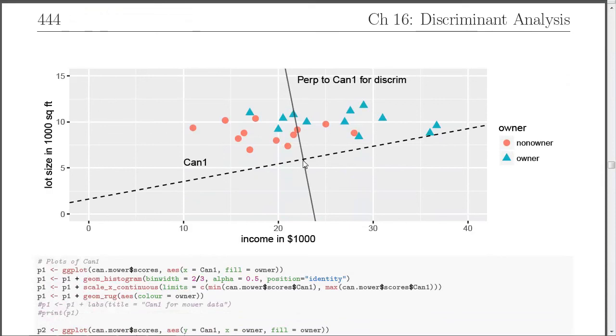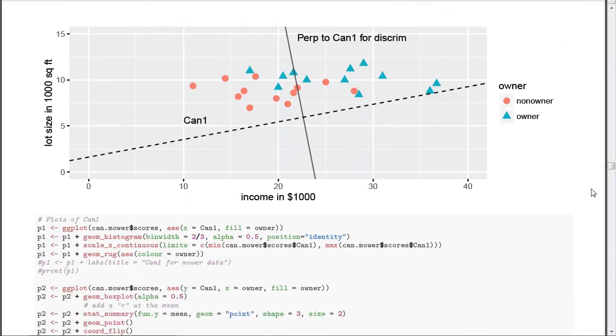And if you go 1 unit to the right, that's the owner mean in that direction. At this 0 point, where I've drawn this solid line perpendicular to canonical 1, that is the decision point of whether to classify to the left as non-owners or to the right as owners. And we'll see more of that classification using discriminant analysis in the next chapter.